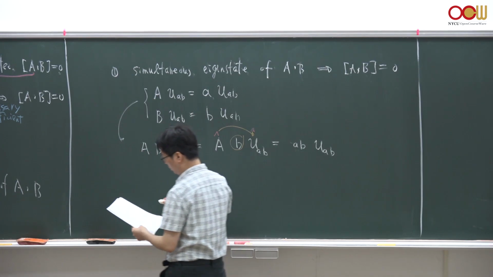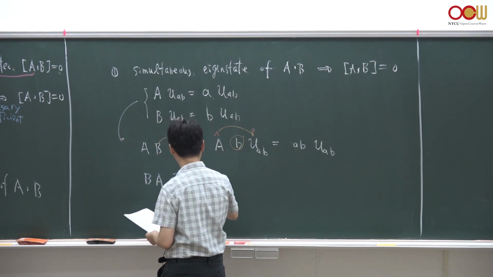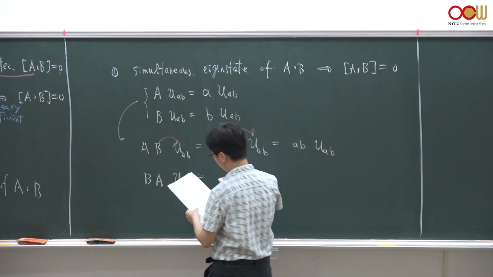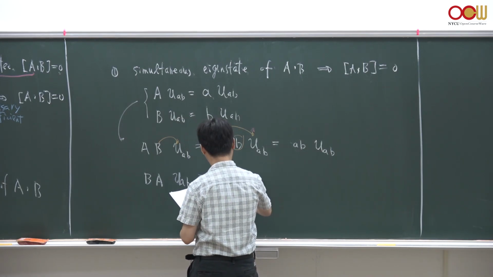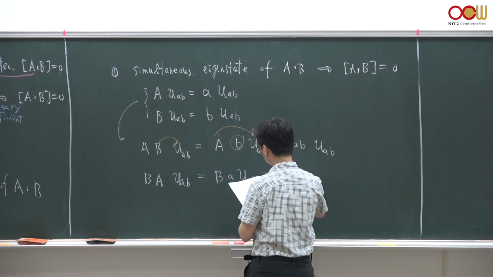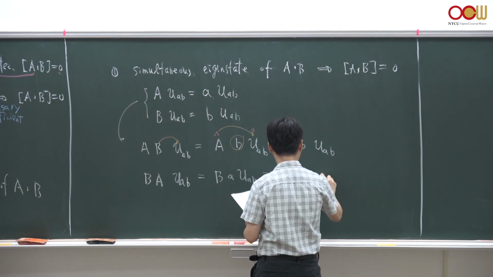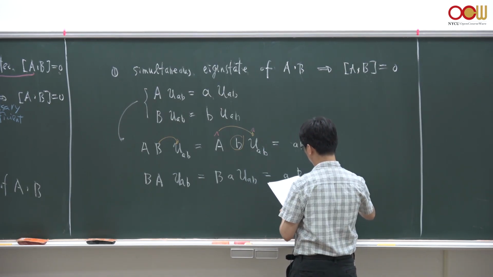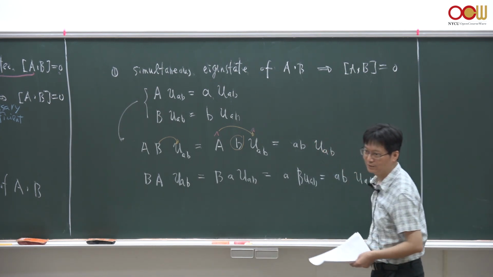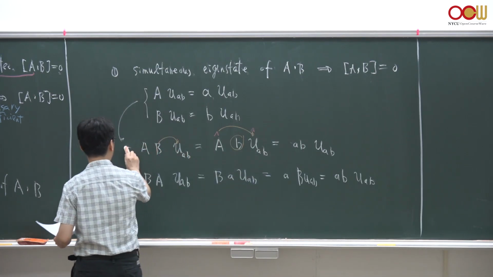You could do the same thing for the opposite operation, where you apply BA acting on the UAB, so you get the same thing. So it's BA UAB, which is ab UAB, which is ab UAB. Okay, so you get the same thing, so of course they commute. So you simply just subtract one from another.